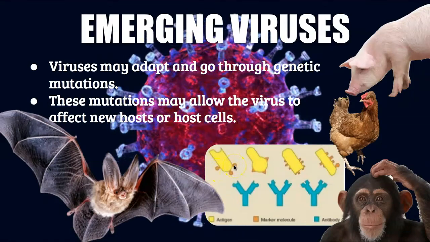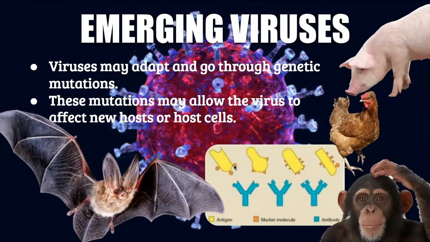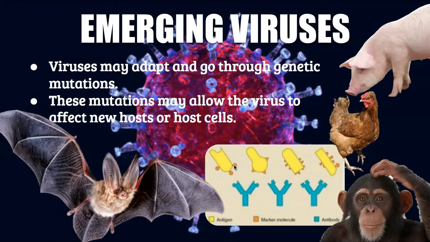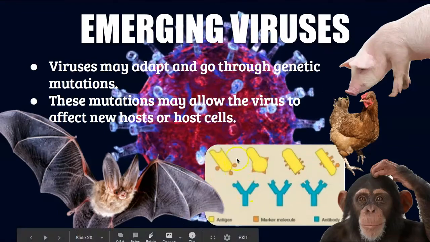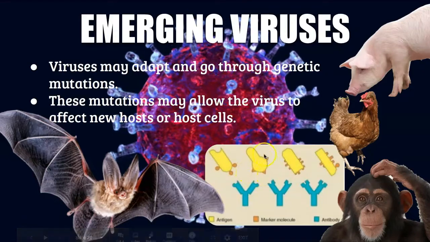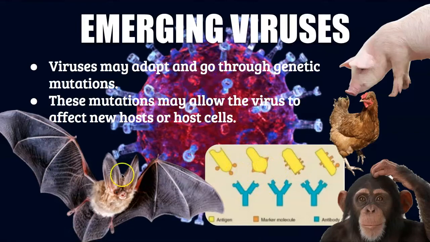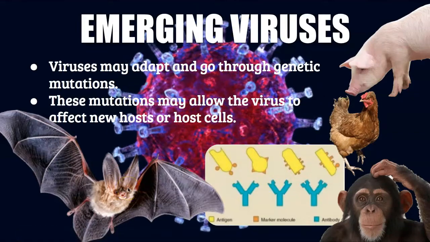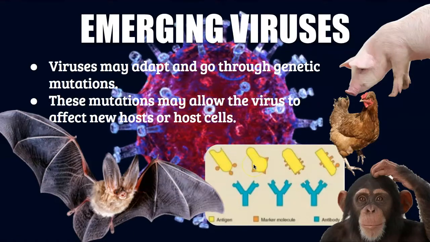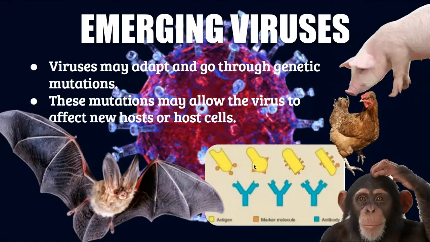But maybe it gets mutated, and maybe a couple A's and T's and C's and G's get mixed up somewhere, and they go from this circular marker to now the DNA is going to code for triangular markers. And so now this virus that was affecting, let's say, the bat, is now going to affect, let's say, a human. That's how these viruses spread and become new viruses that we have to worry about, like COVID.